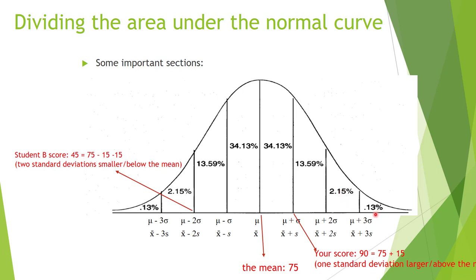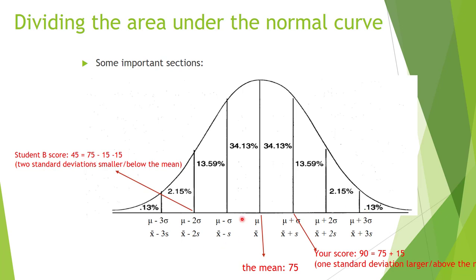For this one, if you look at this area, because this area is towards the right hand side, meaning towards the higher end, that means 0.13% of data points are larger than mu plus 3 standard deviations above the mean.